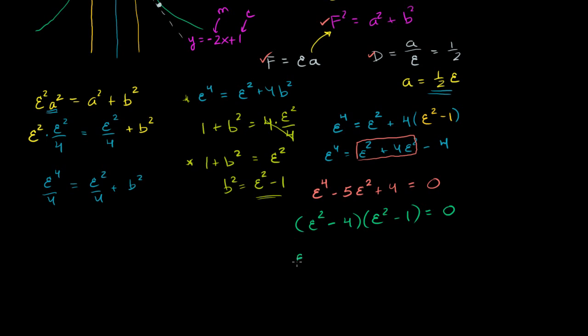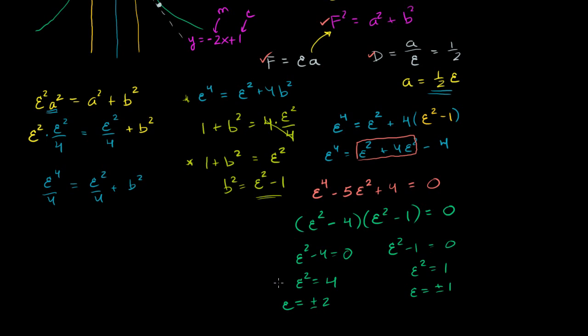So you have epsilon squared minus 4 is equal to 0, and epsilon squared minus 1 is equal to 0. This one is epsilon squared is equal to positive 4. This one is epsilon squared is equal to 1. If we were to just solve this and not think about what eccentricity is trying to tell us, we would get plus or minus 2 here, and we would get eccentricity is equal to plus or minus 1 here.